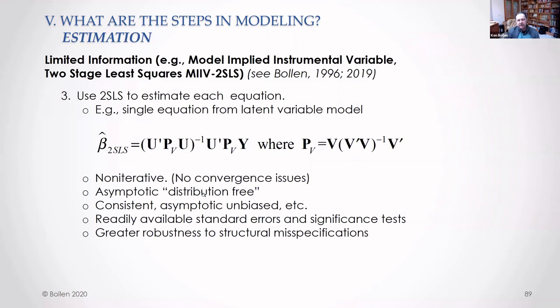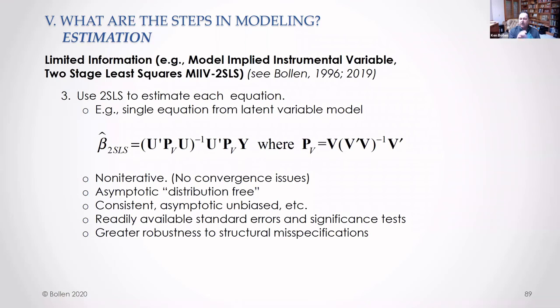A couple of the properties of it. This is asymptotic distribution free, so we don't have to assume normality. It's consistent, asymptotically unbiased. There are standard errors and significance tests readily available. And here's perhaps the main advantage. When you do one equation at a time, rather than estimating the whole system, you have greater robustness to errors in your model specification.